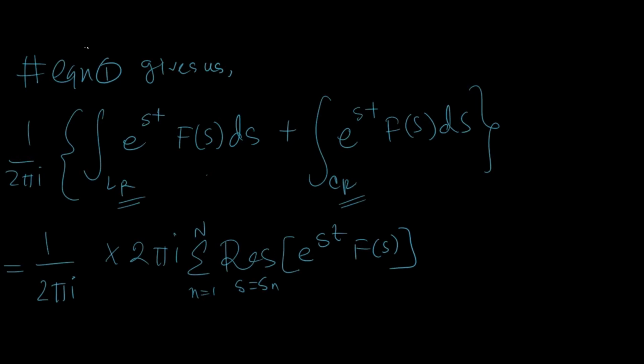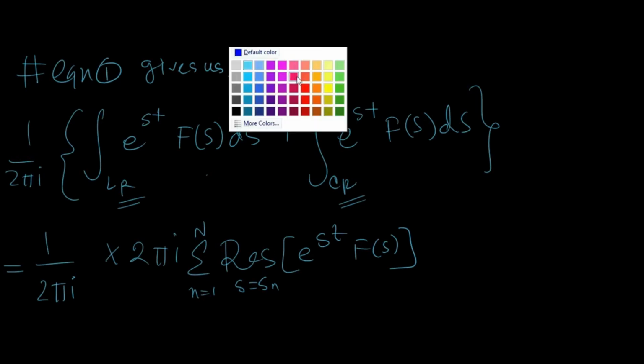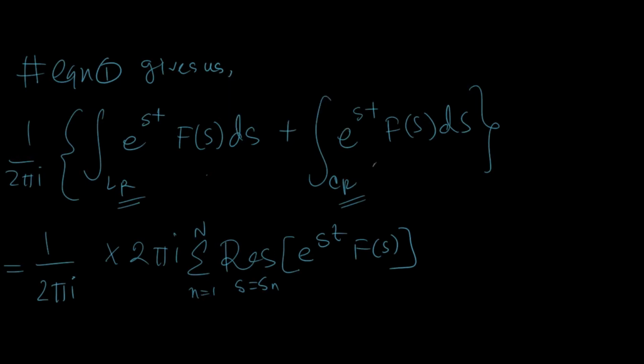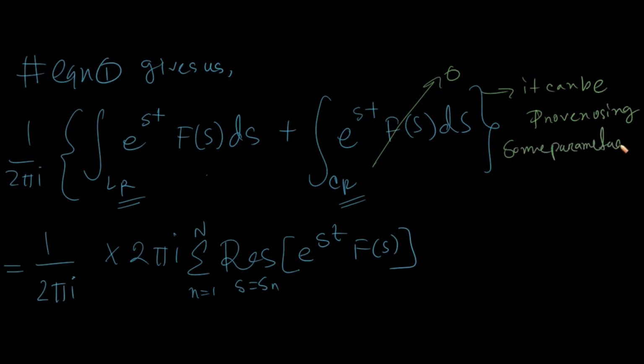So we will say this guy will go to 0. This will be the case, and it can be proven using some parameterization and something called Jordan's inequality that is involved with Jordan's lemma as well.